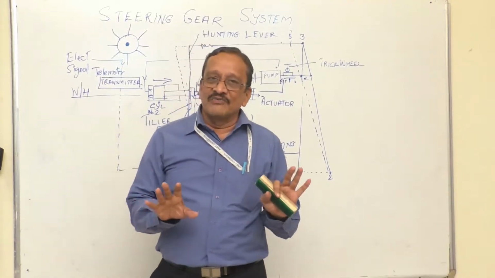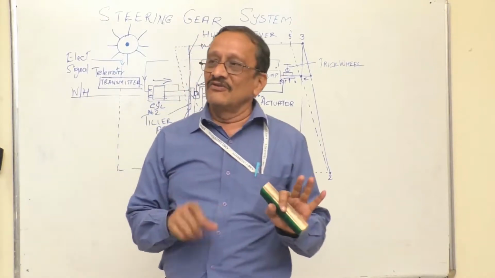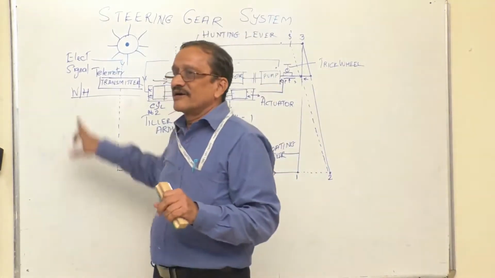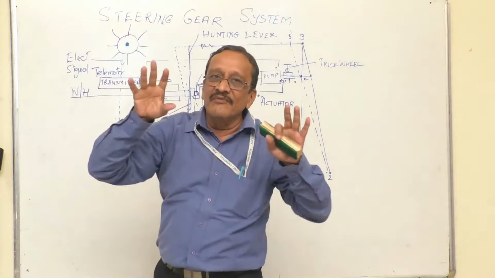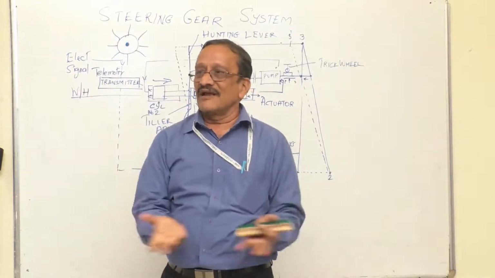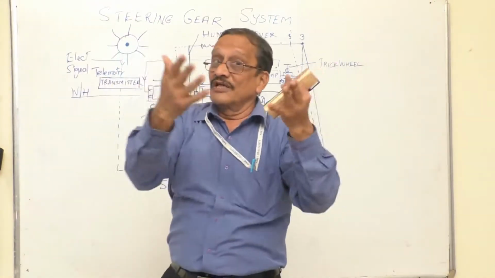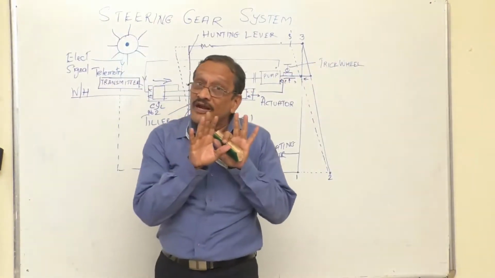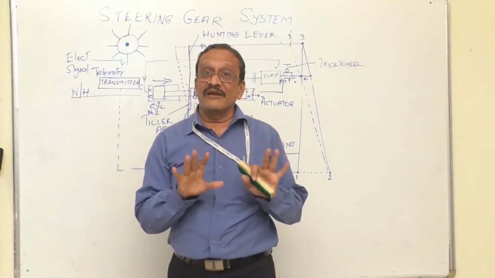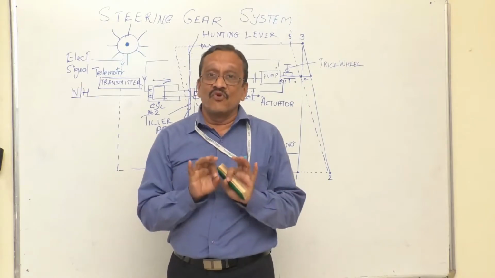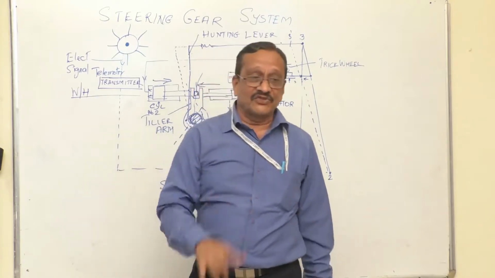There are all possibilities of your walkie-talkie not functioning between the steering compartment and the wheelhouse, mainly because it is an enclosed space and you have your metal plates. So there won't be any transmission taking place. Don't get jittery. That's the main idea. Once you don't jitter, your actions will be good.